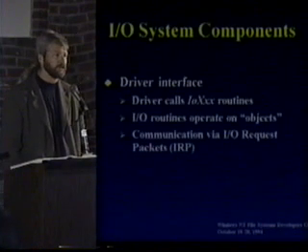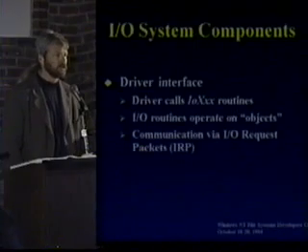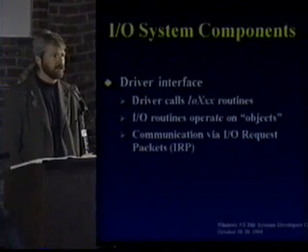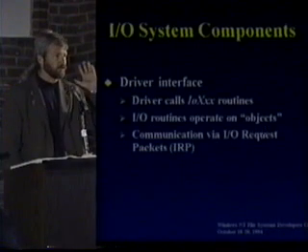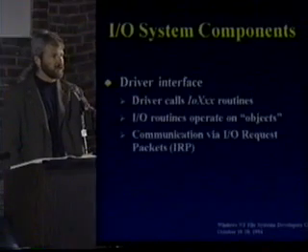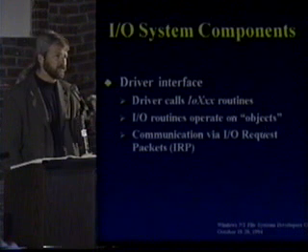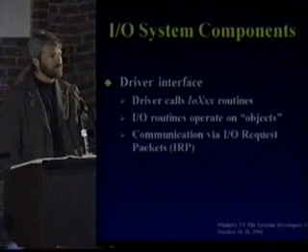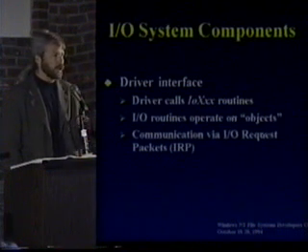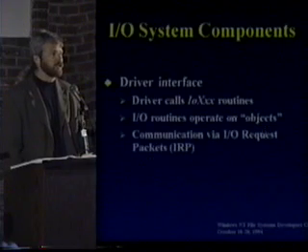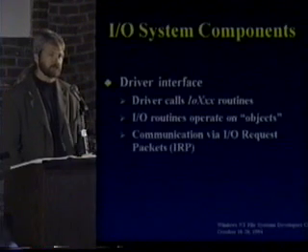Basically, when the user calls the I/O system and says, I would like to perform this function, say a read operation, I'd like you to read this many bytes from this particular device and put it in this particular buffer, the I/O system builds an I/O request packet and passes that to you, and we work together to communicate. This is how we communicate what the user was trying to do in the first place.